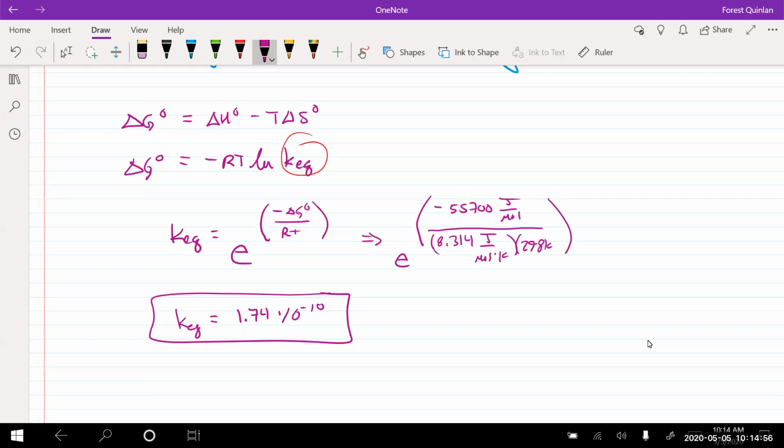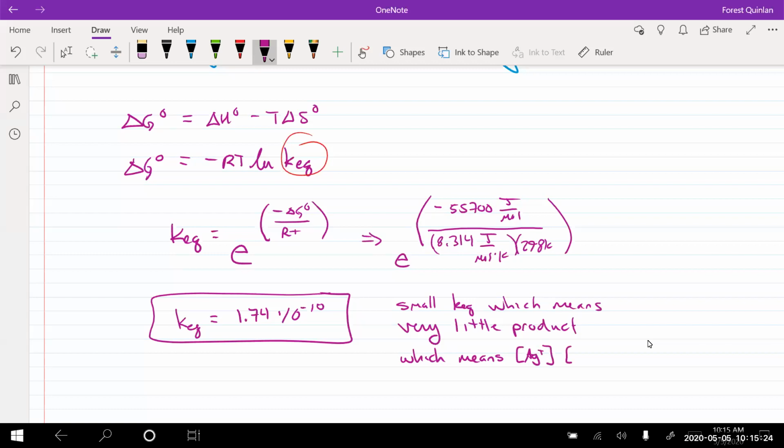This is a small KEQ, which means very little product. Which means concentrations of Ag plus and Cl minus cannot be 1 molar.